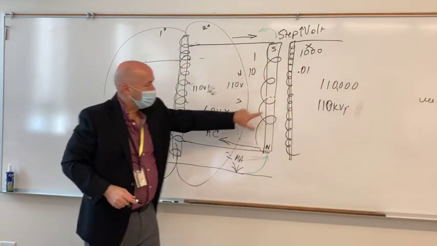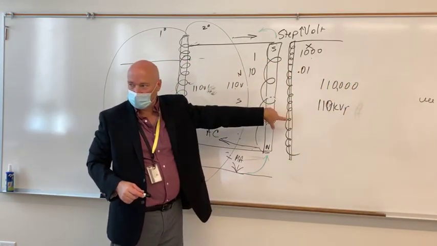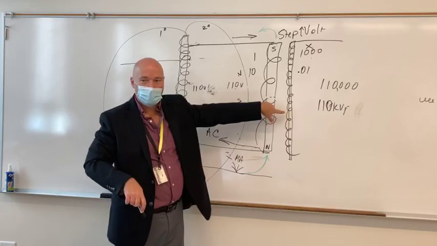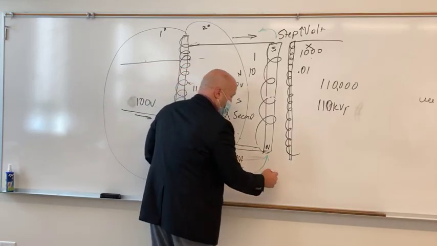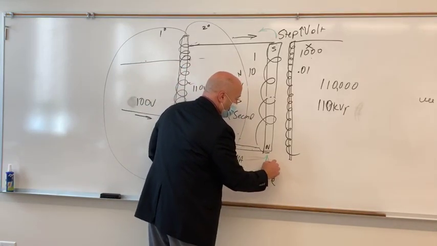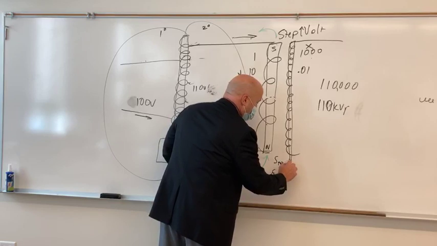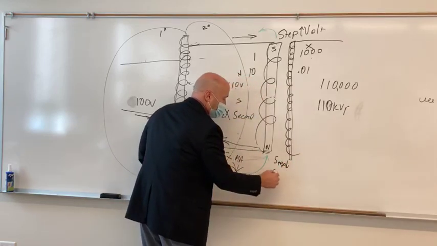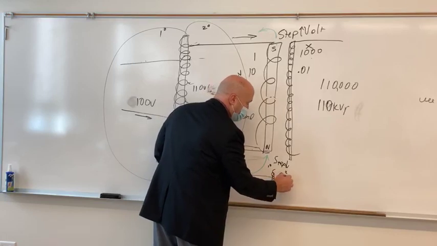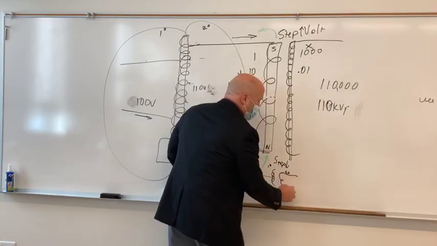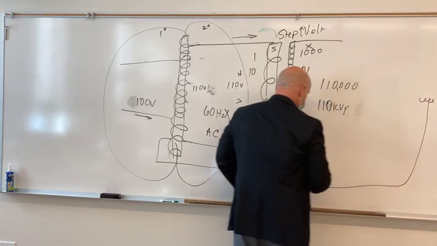Then if this is the process of increasing voltage, what could we do to decrease voltage? Flip it around, right? So in a step-down transformer, we'll have more turns on the primary side than we have on the secondary side, and then we'll feed that into the filament.